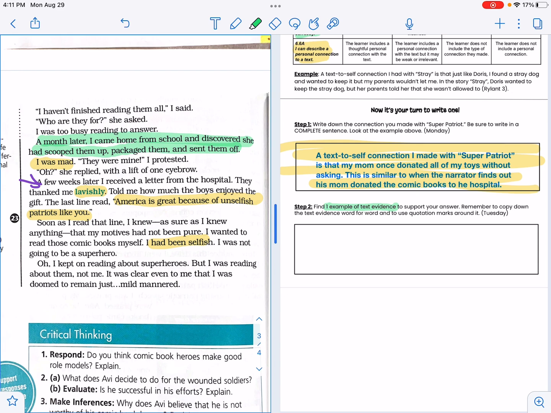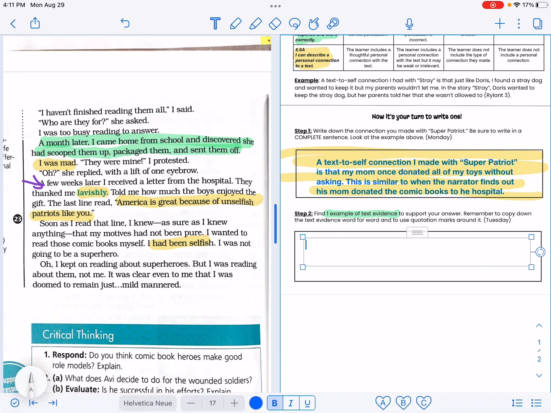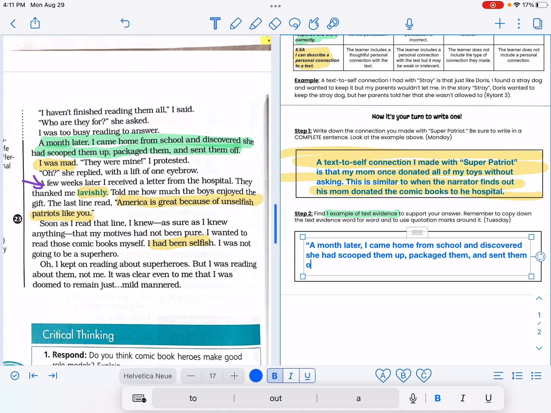So I'm going to write that here. "A month later, I came home from school and discovered she had scooped them up, packaged them, and sent them off." That's my quote.